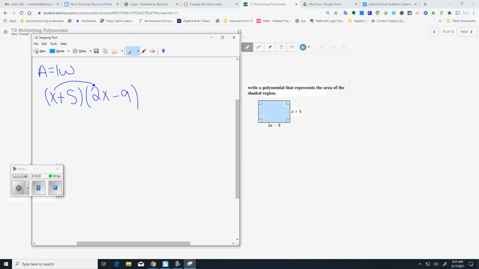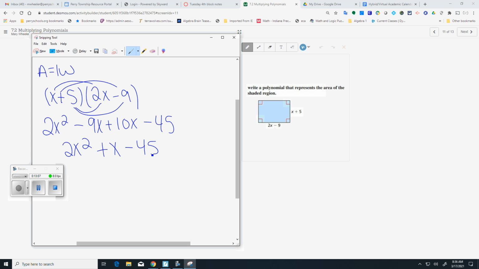Okay, so x times 2x, 2x squared, x times negative 9, negative 9x, 5 times 2x is positive 10x, and then 5 times negative 9 is negative 45, and 2x squared, we combine our like terms, plus x minus 45.